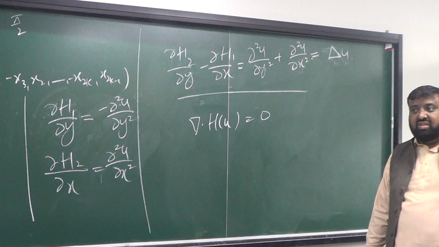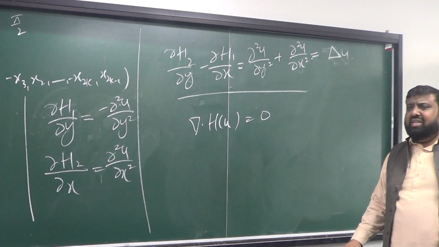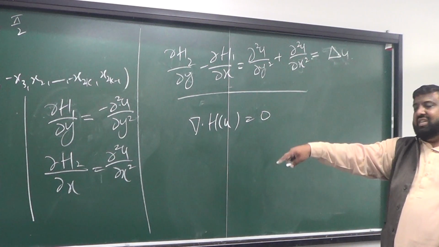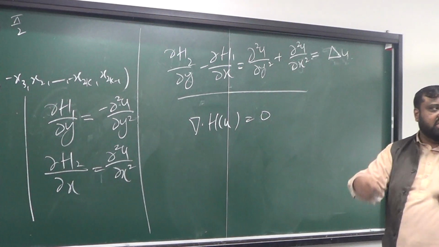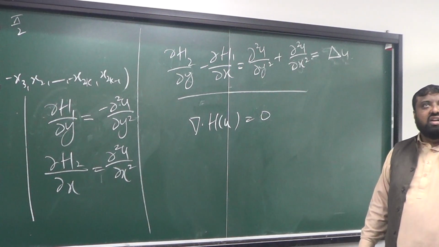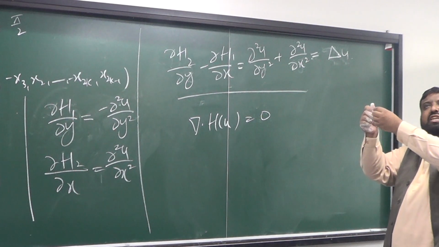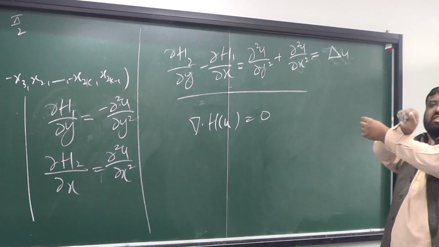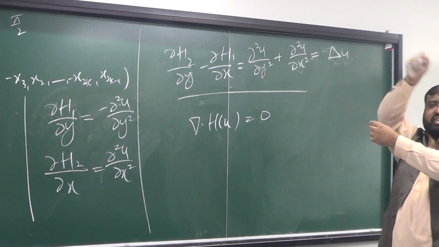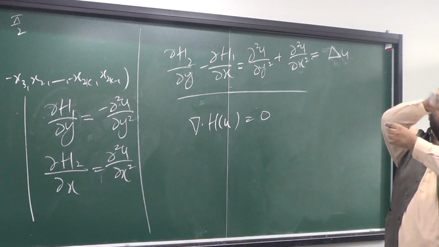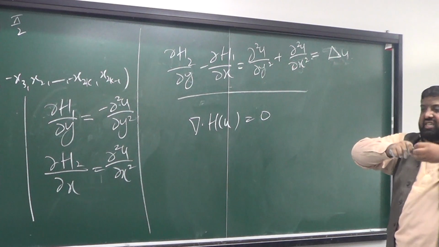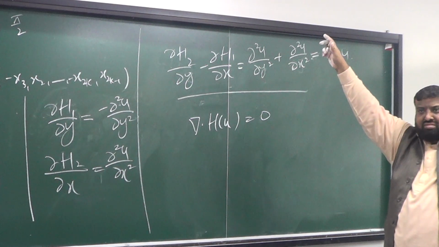Mathematically that is done, I can see that you can calculate derivatives and you can subtract. Roughly what we are doing is that this vector field is taking points and rotating them by 90 degrees. It's not throwing them away.